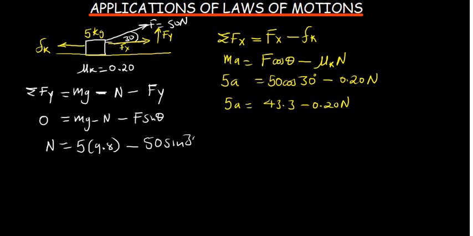So let's see what the normal force is going to give us. So that is 5 multiplied by 9.8 minus 50 sin 30. So that is going to give us normal force to be 24.